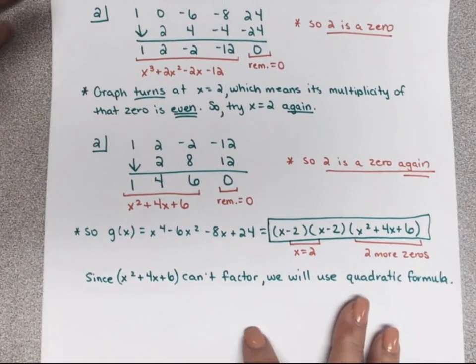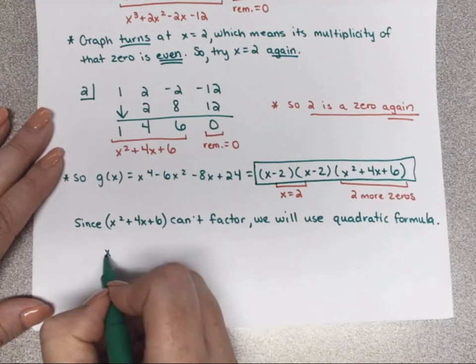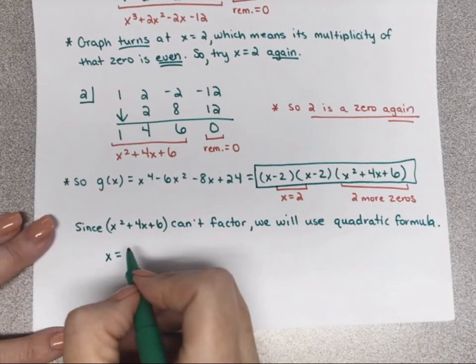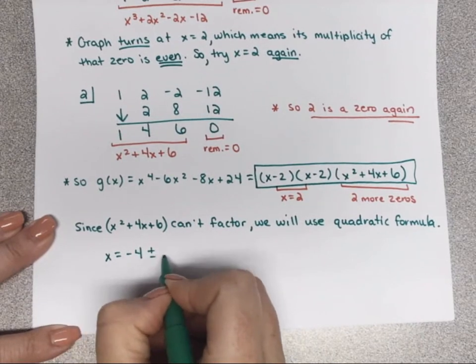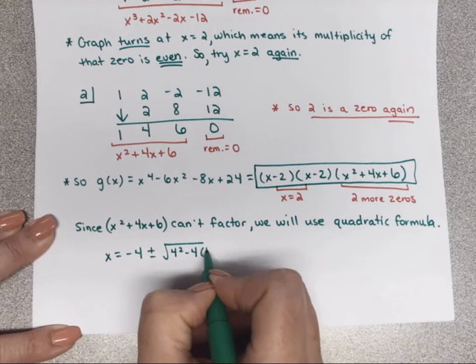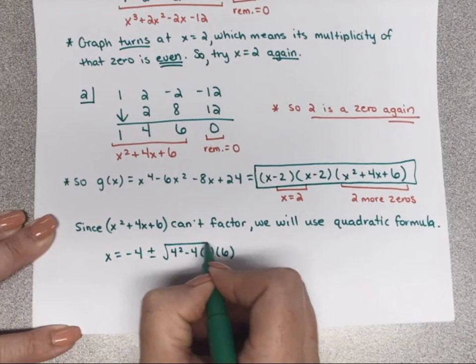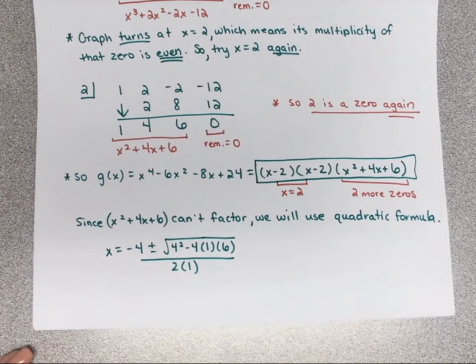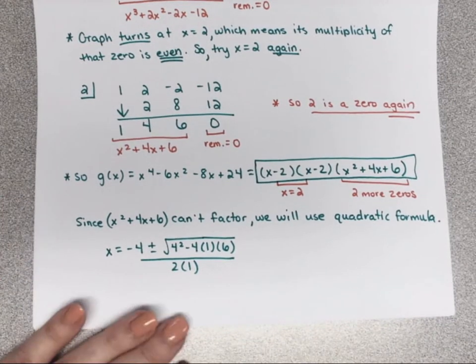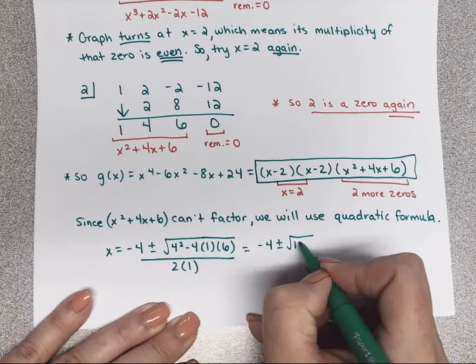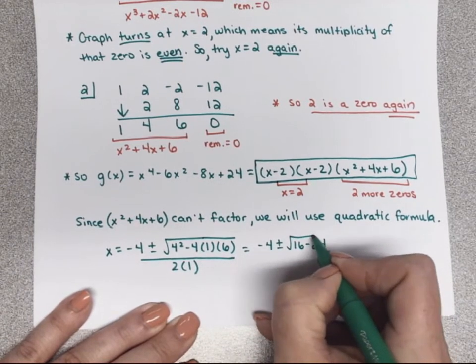Okay, so let's see if we can find the final 2 zeros and then we'll talk about why we get the answer we do. So it's negative b plus or minus the square root of b squared minus 4ac all over 2a. So I get negative 4 plus or minus 16 minus 24.